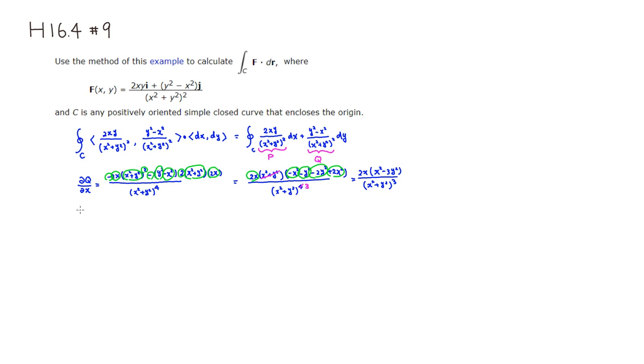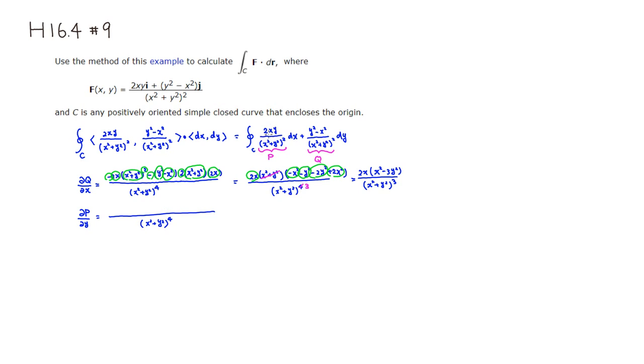Now let's find the partial derivative of P with respect to y. We just have to use the quotient rule again. So it's going to be x squared plus y squared raised to the fourth power, just like before.